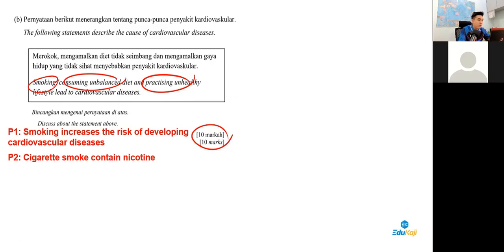And cigarette smoke contain nicotine. So there are many points, guys. You can talk about nicotine. Because nicotine can narrow the arteries, causing less oxygen flow to heart muscles.